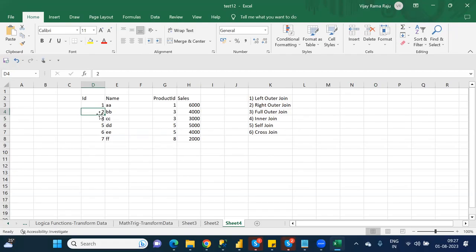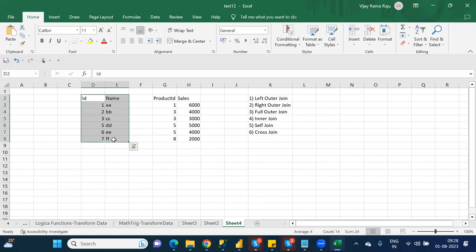You can take one or more than one common column, but most of the time one common column is enough. In some cases, we have to use more than one. So what is the common column in this data set?